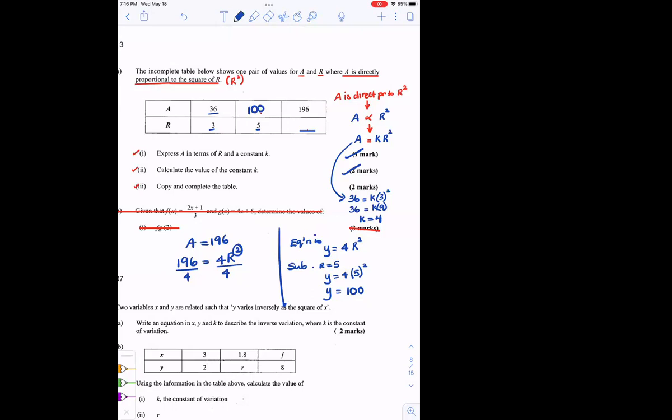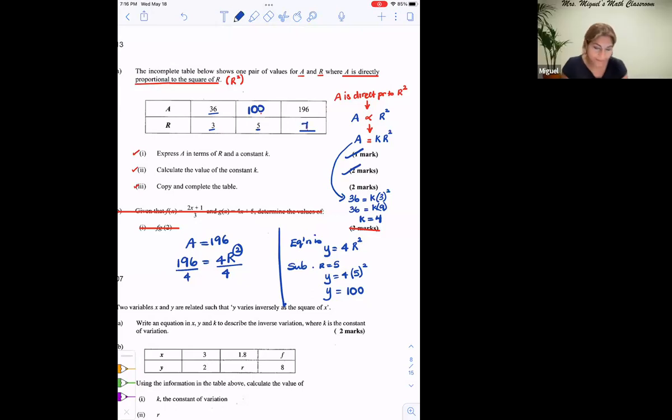Seven, miss. Yes. R is 7. Could anybody else confirm that? Did anybody else get that answer?